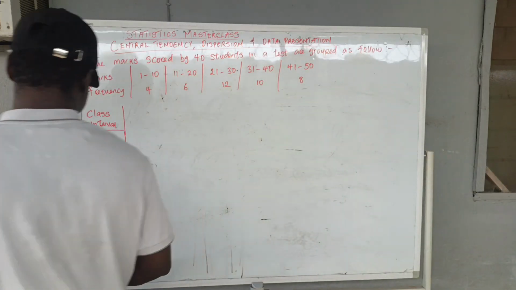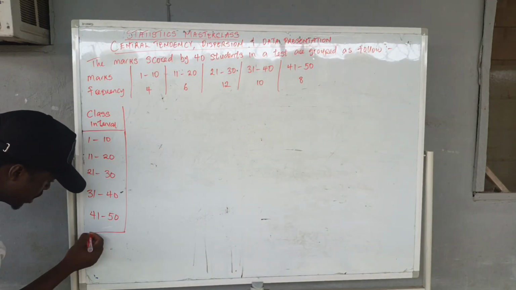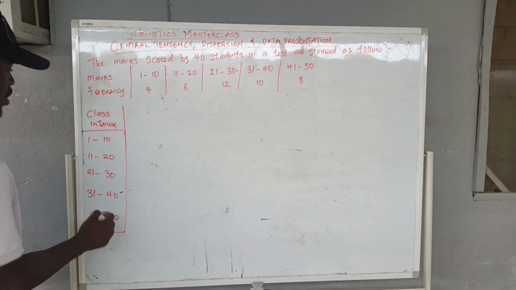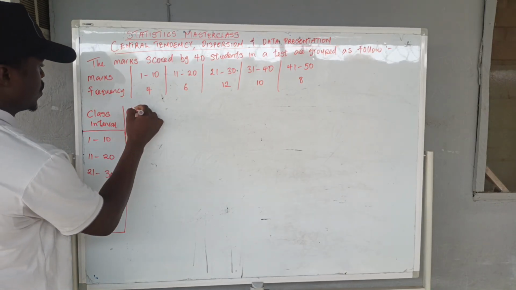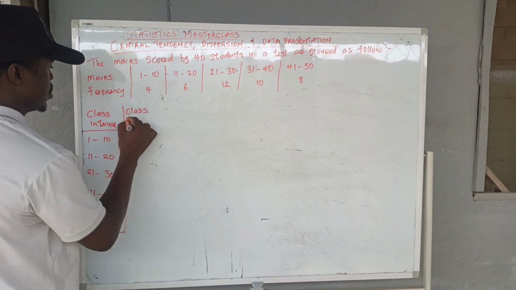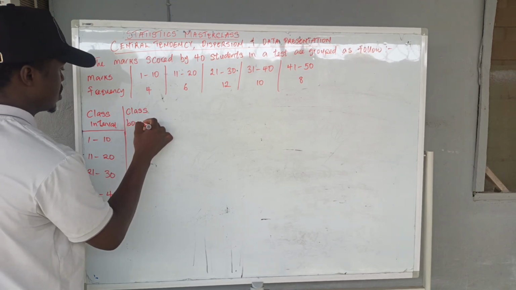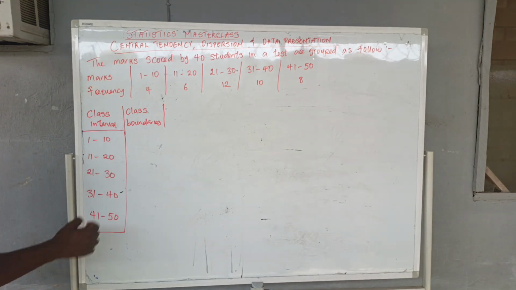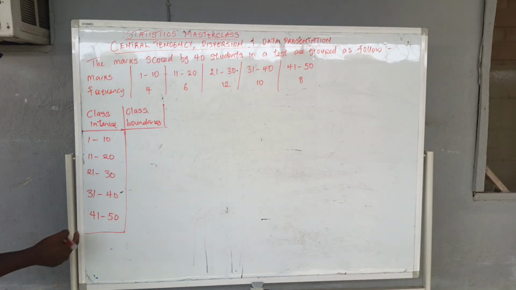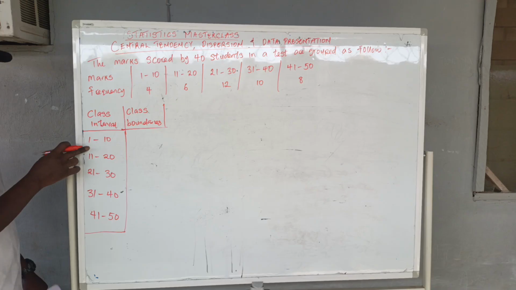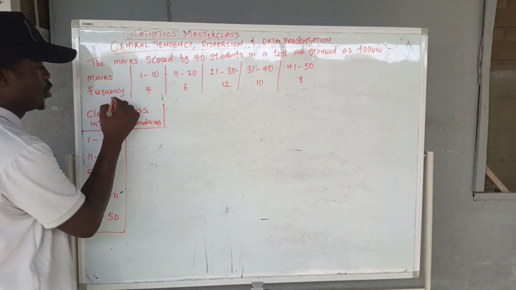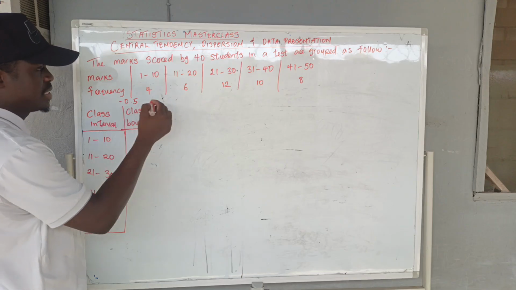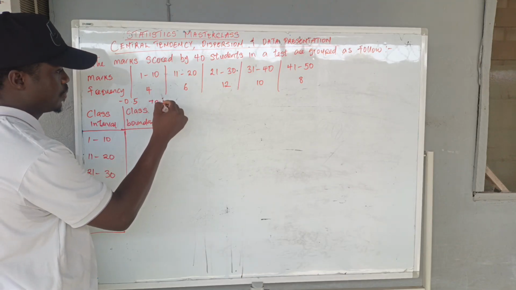So this is lower limit minus 0.5 and upper limit plus 0.5.